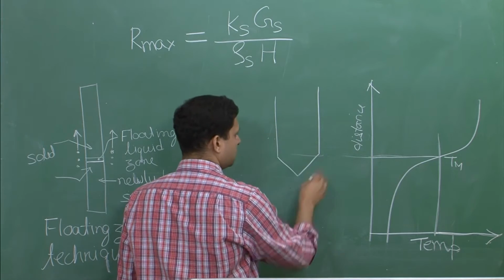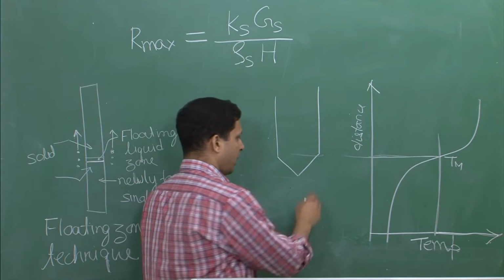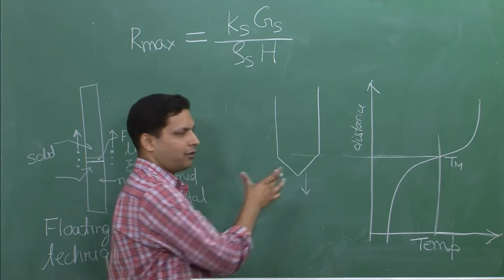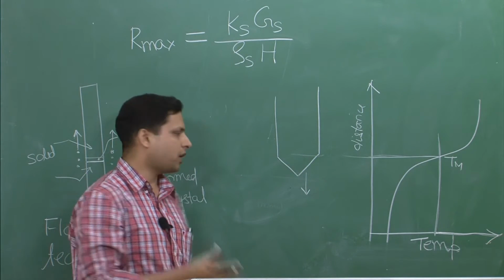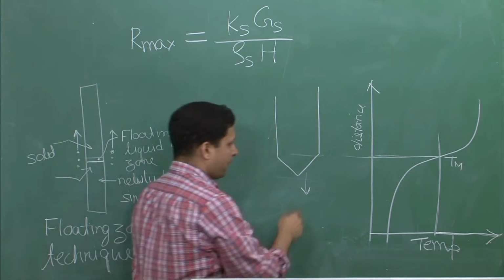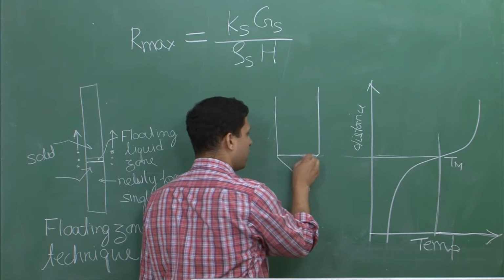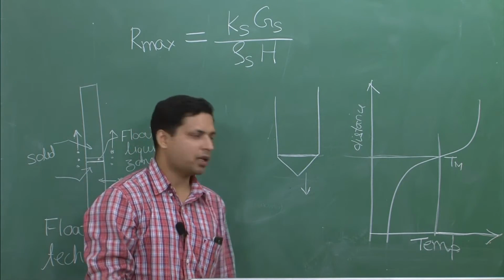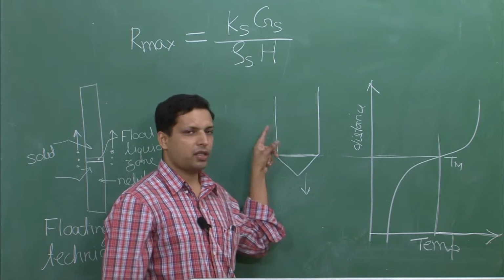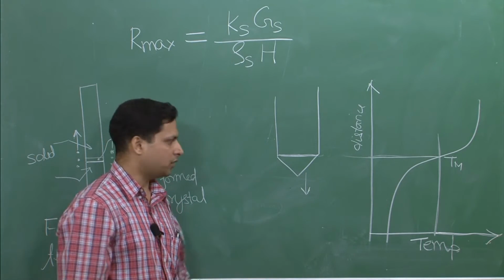Everything below this line is in solid state, everything above it is in liquid state, and you slowly move the furnace or the whole ampoule of the material that you are trying to solidify at a slow rate. Again, the rate R is governed by this equation, so that solidification takes place over here. So, this is the layer over which everything is taking place, and like I said, the rate at which the heat is coming out is the same rate at which you are ensuring that the interface moves, and that is why you are able to get a single crystal.